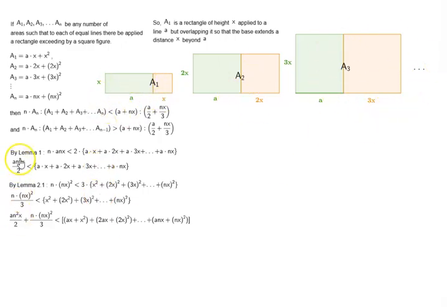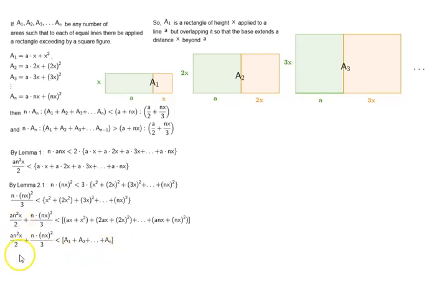So we have an square x by 2 plus n times nx square by 3 is less than the sum of the right hand side, ax plus x square plus 2ax plus 2x square plus 3ax plus 3x square and so on till anx plus nx square. And these sums on the right hand side are nothing but the sum of the areas.